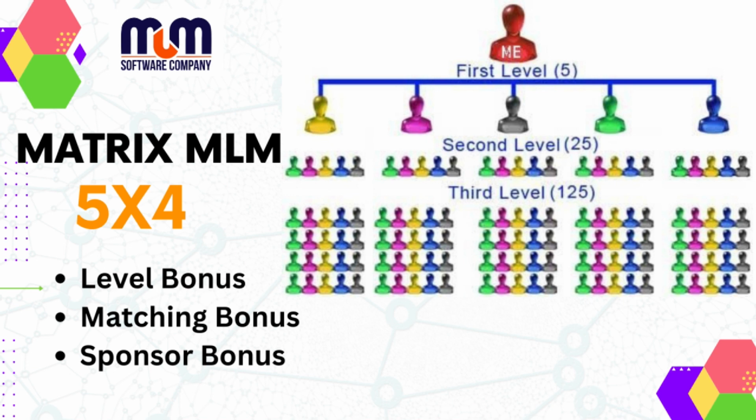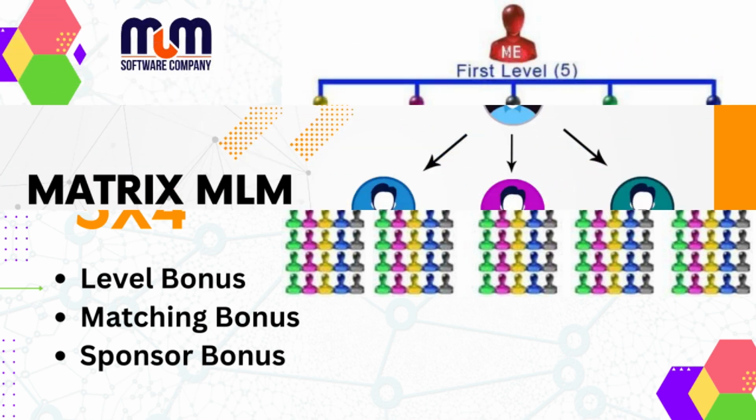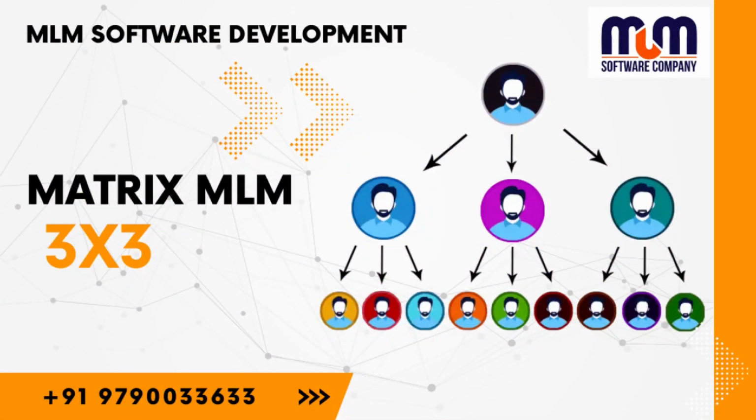In Matrix MLM, you can have level bonus, matching bonus and sponsored bonus, and these are all the features of Matrix MLM. You can also have different versions of your fixed MLM plan based on your MLM business plan requirements, and this is how the Matrix MLM plan works.